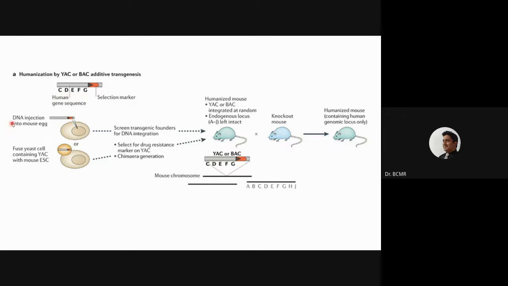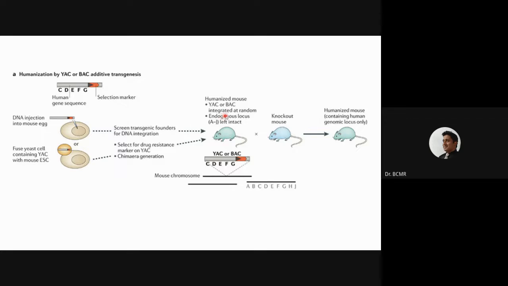So you can do it by direct injection of the DNA into the zygote, the fertilized egg, and then put it into a surrogate mother, and then check on the babies using molecular techniques like PCR, Southern blotting, and others.